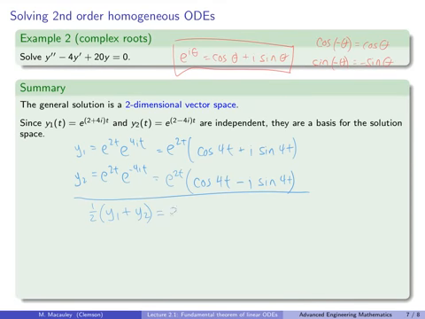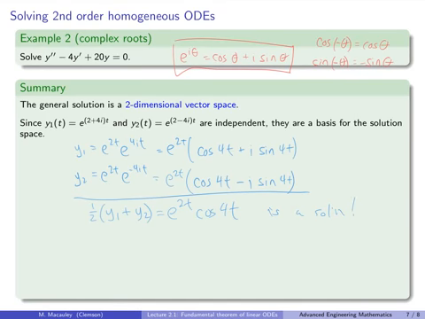And now we get e to the 2t times cosine of 4t. So this is a solution. Why is it a solution? Because we expressed it as a linear combination of our basis elements, and vector spaces are closed under linear combinations. So this is a solution.